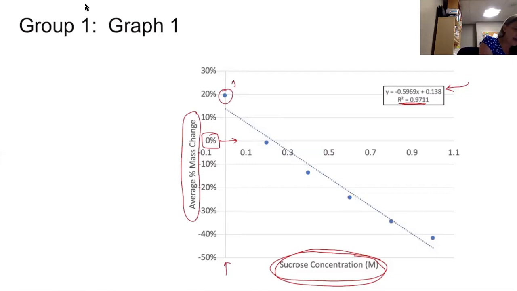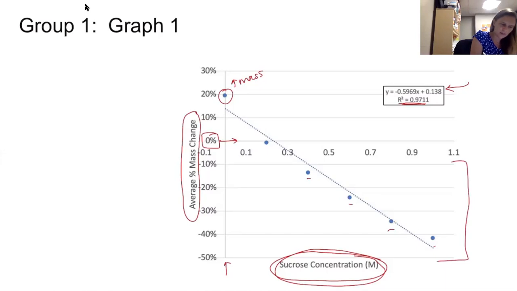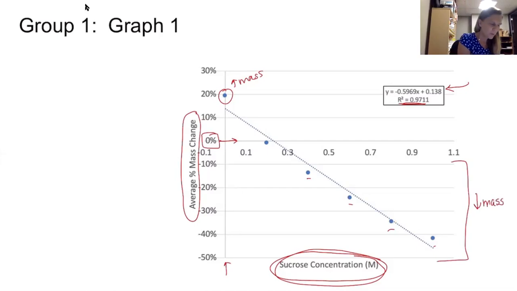So here, the mass increased, right? All of these numbers down here represent concentrations of 0.4, 0.6, 0.8, and 1 molar sucrose. Those were all hypertonic. So therefore, we saw a mass decrease. Water left the potato, right? We noticed that at this point too, it's pretty darn close to 0, right? So that gives us an indication.